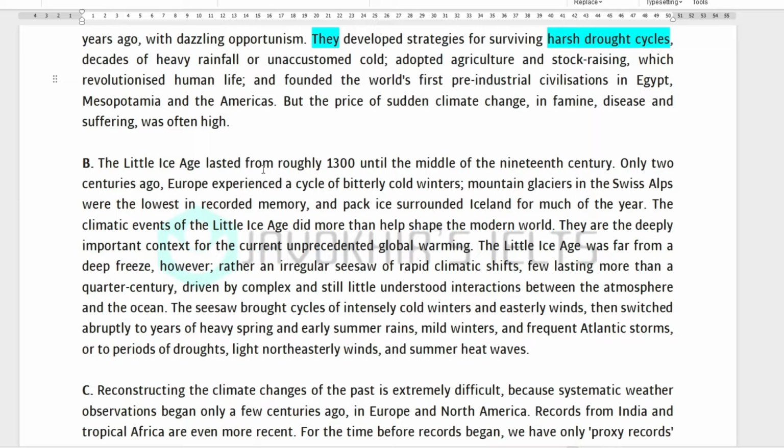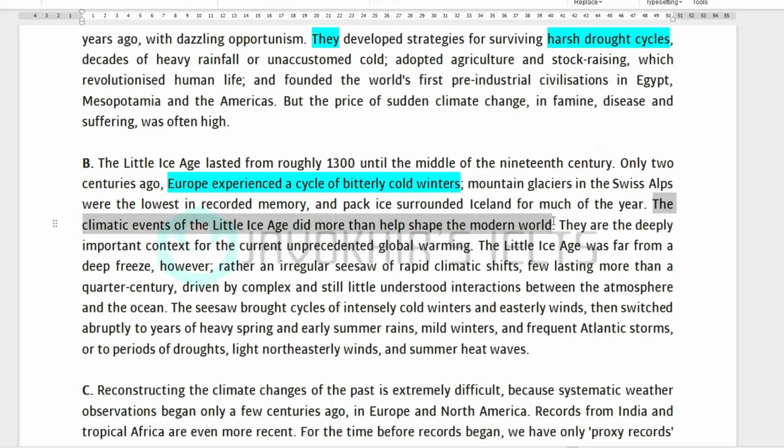The Little Ice Age lasted from roughly 1300 until the middle of the 19th century. Only 2 centuries ago, Europe experienced a cycle of bitterly cold winters. Okay, we might want to underline that. Mountain glaciers in the Swiss Alps were the lowest in recorded memory, and pack ice surrounded Iceland for much of the year. The climatic events of the Little Ice Age did more than help shape the modern world.